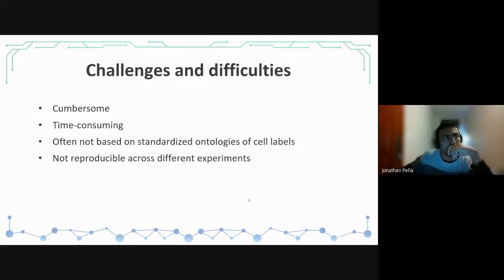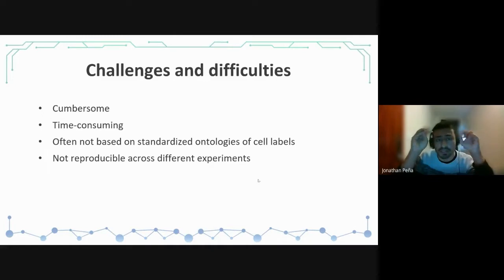Usually, this annotation of the clusters is done manually, but manual annotation has some challenges and difficulties because sometimes you need to spend much time trying to find out what kind of cell type it is.